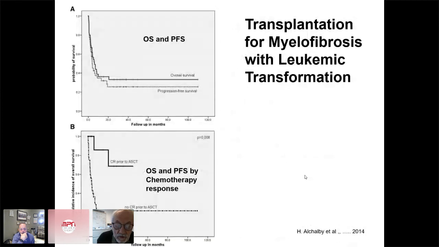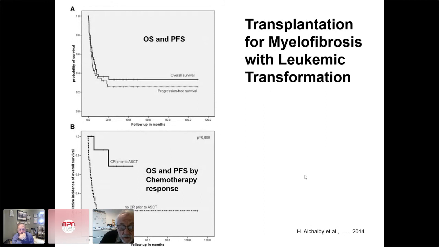These are some data by a German group looking now at the outcome of transplantation after leukemic transformation has occurred, unfortunately. And there has been a somewhat nihilistic approach to that until very recently, because data were not good.